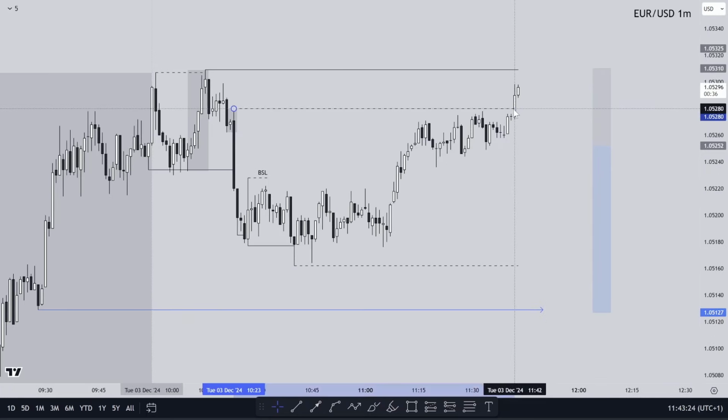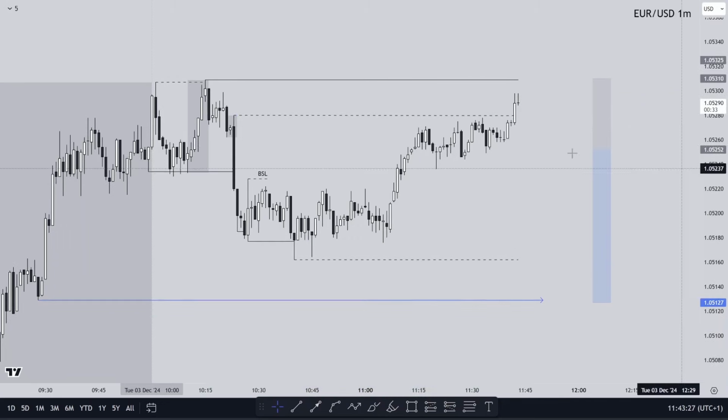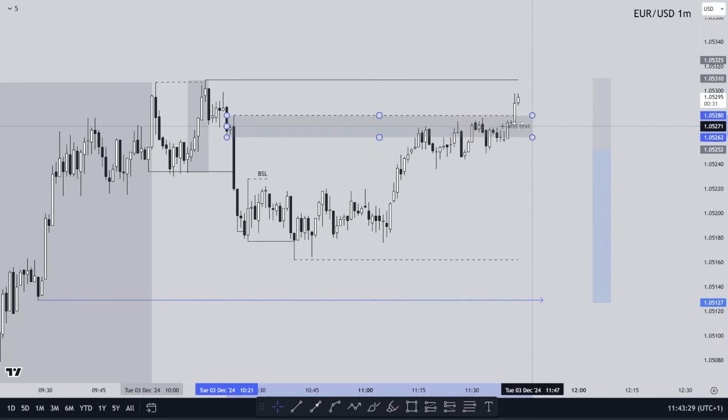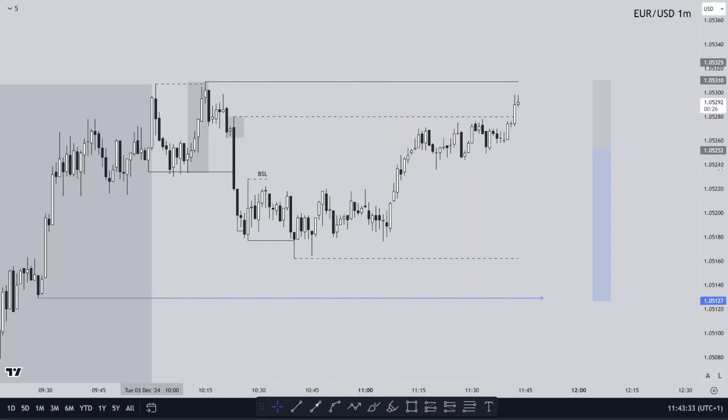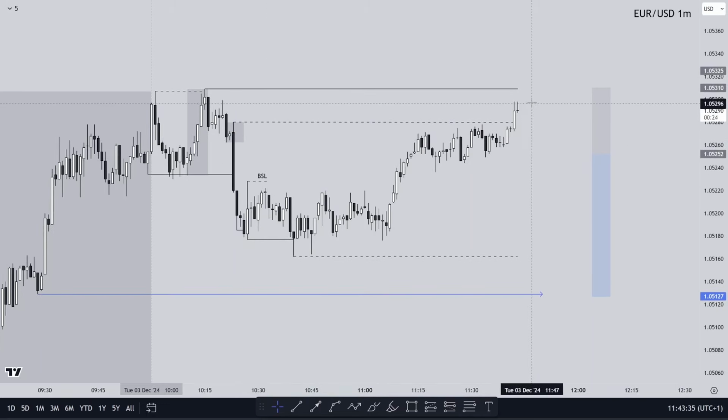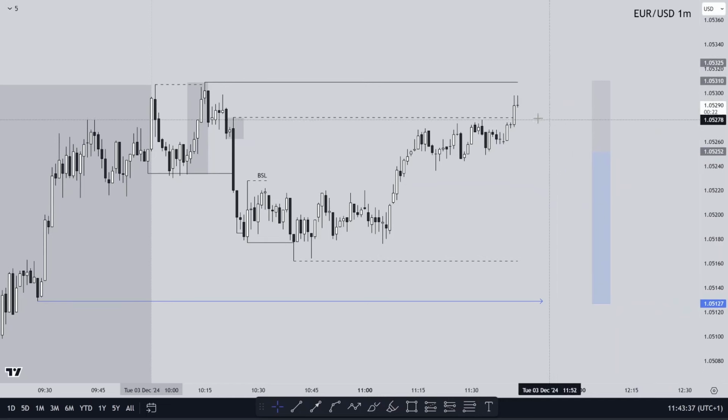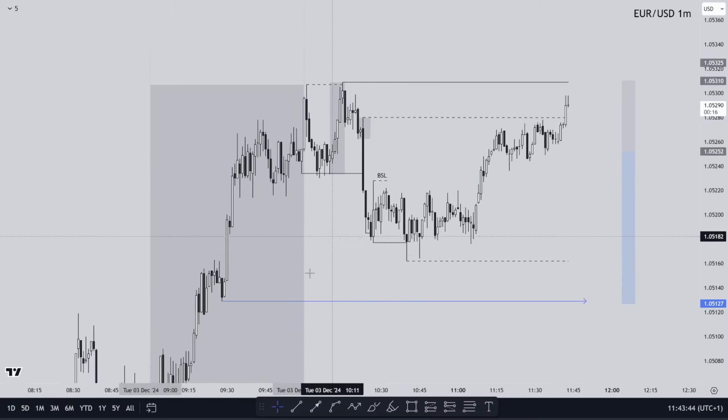So price has taken out also this liquidity, so it came out of the level I highlighted, and it's very close to my stop loss, but I'm still in the game. I mean, it's okay.